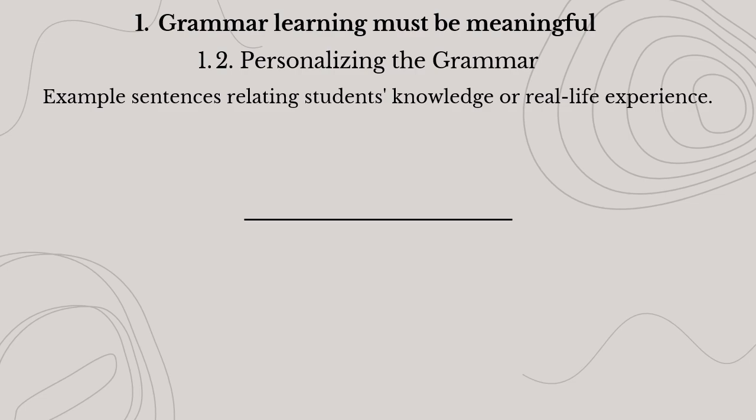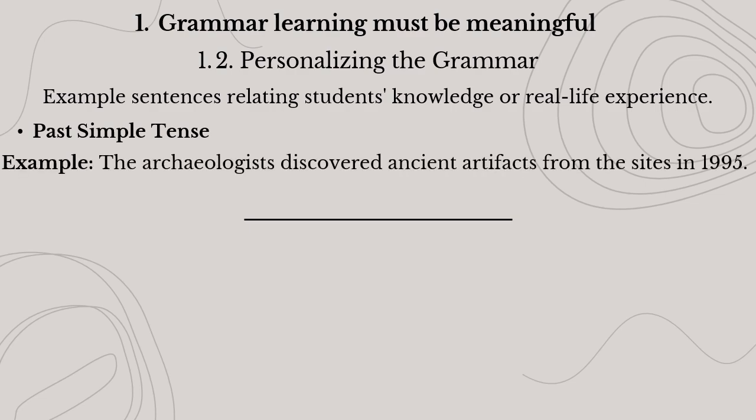Okay, so you give them a sentence which says, the archaeologists discovered ancient artifacts from the sites in 1995. Now, this sentence does elicit the use of the past simple tense, but it isn't something that is easy for students to comprehend, to understand.